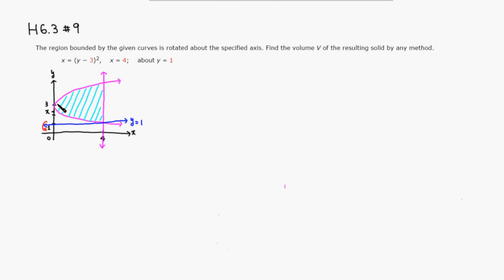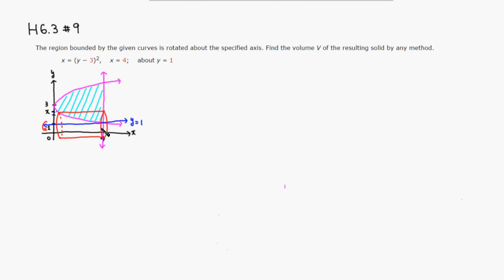Then the shell is going to look like this. We look at that as the height, rotated about y equals 1, so it's going to look kind of like this, and that's going to be the cylindrical shell.